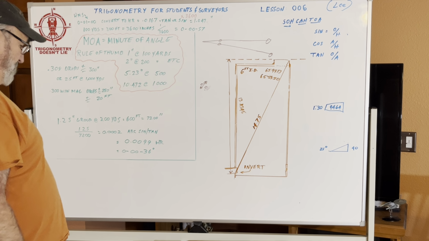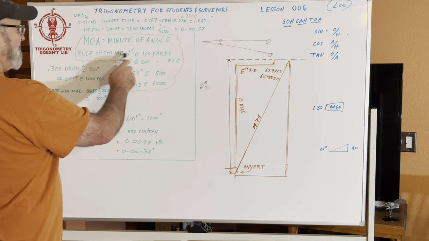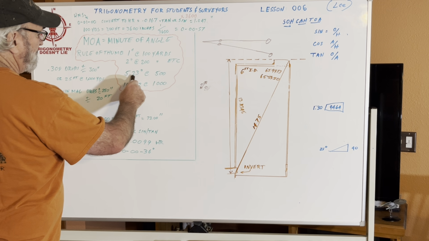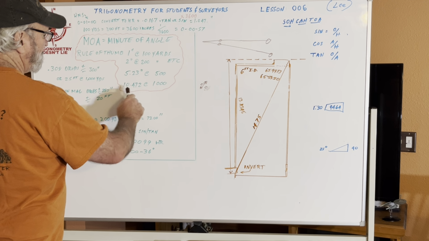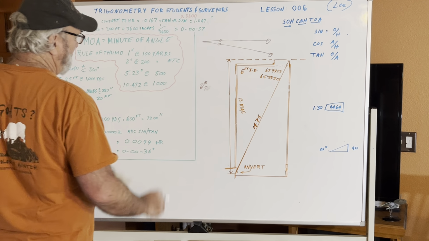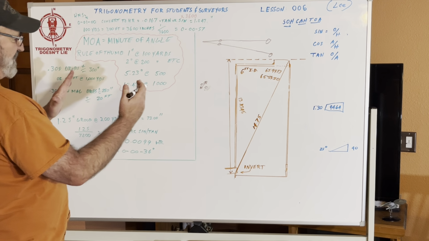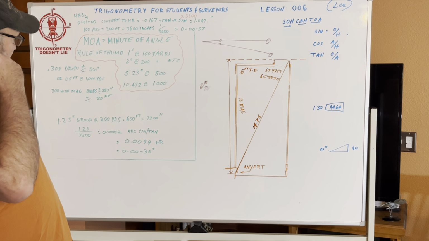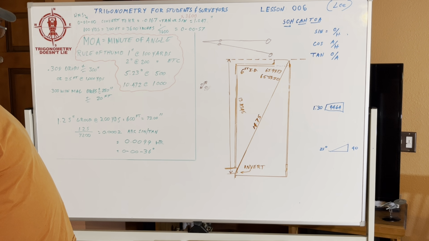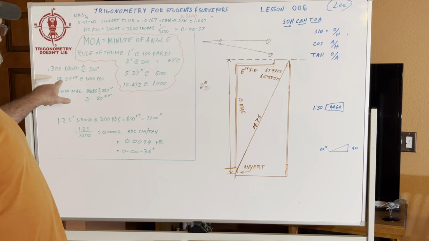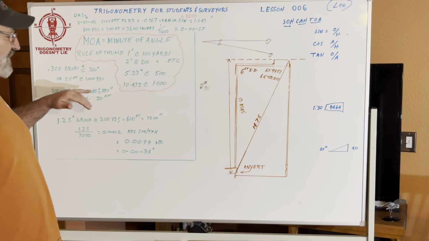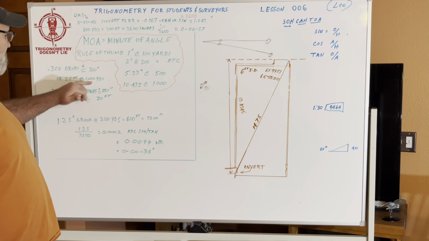So the rule of thumb is 1 inch at 100 yards, 2 inches at 200 yards, 5.23 inches at 500 yards, 10.472 at 1,000 yards. 10 inches at 1,000 yards is a 1 minute of angle group. A .308, which is a very popular round, drops around 300 inches, or around 25 feet at 1,000 yards.